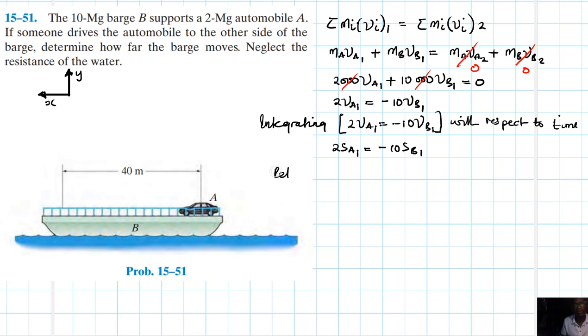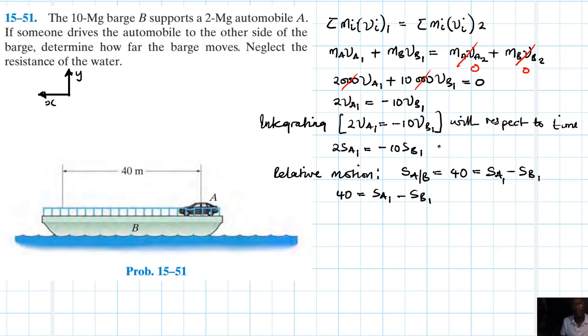The principle of relative motion. So we know that the motion of A relative to B is equal to 40, and this is equal to sA minus sB, and I'll just indicate it also in the first state like that. Therefore we have 40 equal to sA minus sB.